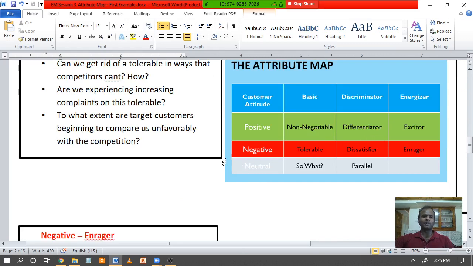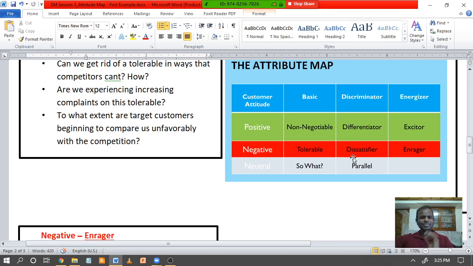When it comes to negative consumer attitude, there may be certain negative attitudes of the customer which are tolerable, in the sense the customer may live with it. Even over a period of time he may get used to it and may not bother about it, because this may be an aspect that is happening in other institutions, other businesses, or other services or products also.